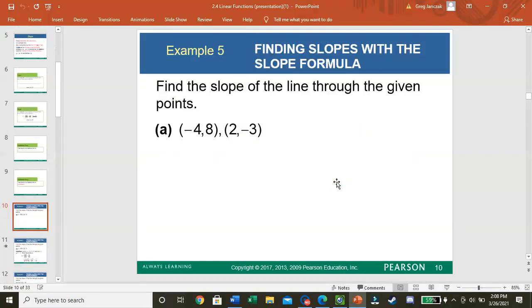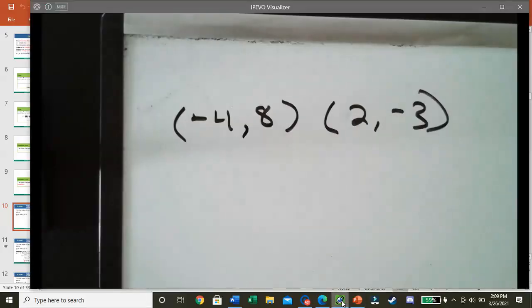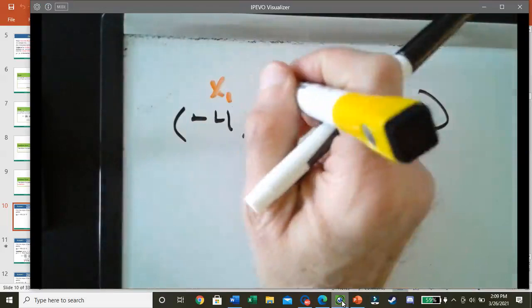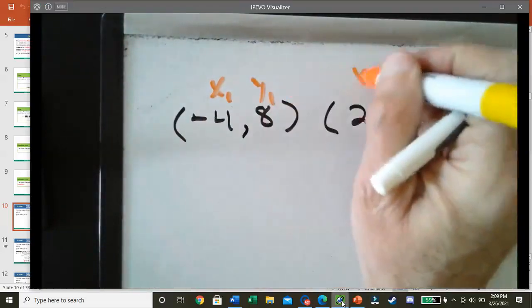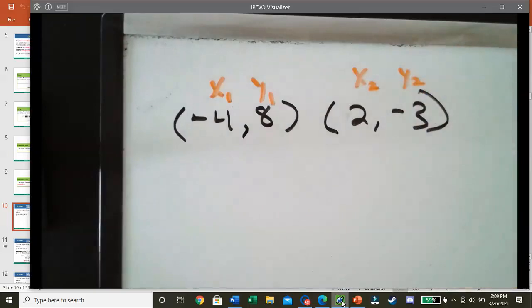All right, find the slope of the line given 2 points. Let's look at that. We've got -4, 8, and 2, -3. Okay, first thing we do is label these points x1, y1, and x2, y2.